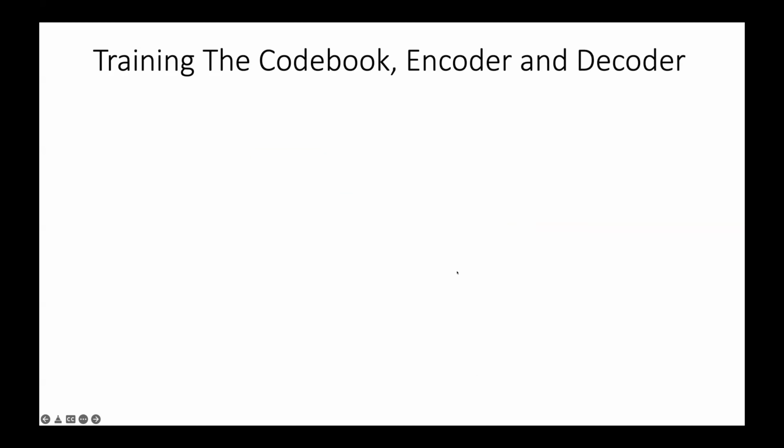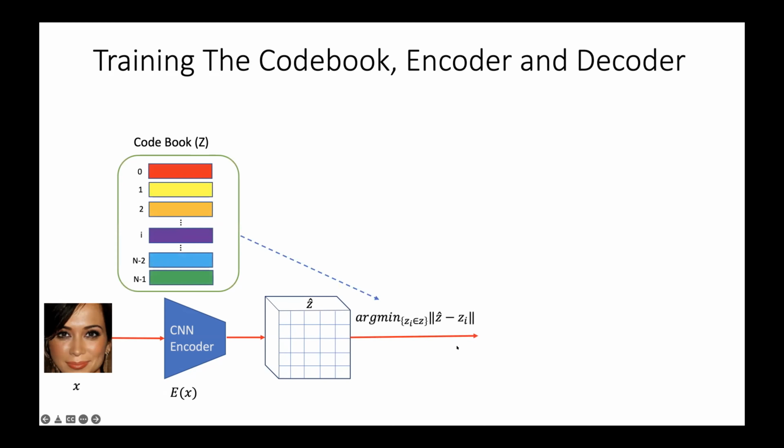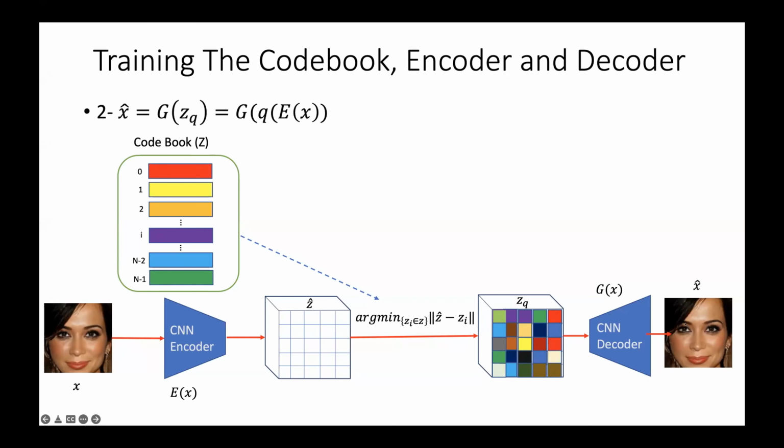So for training the codebook, encoder and decoder, they take the image X and feed it to the CNN encoder. They get the feature map. They quantize the feature map, get ZQ from quantizing it, and feed it to the CNN decoder, which is G of X, and they reconstruct the image.